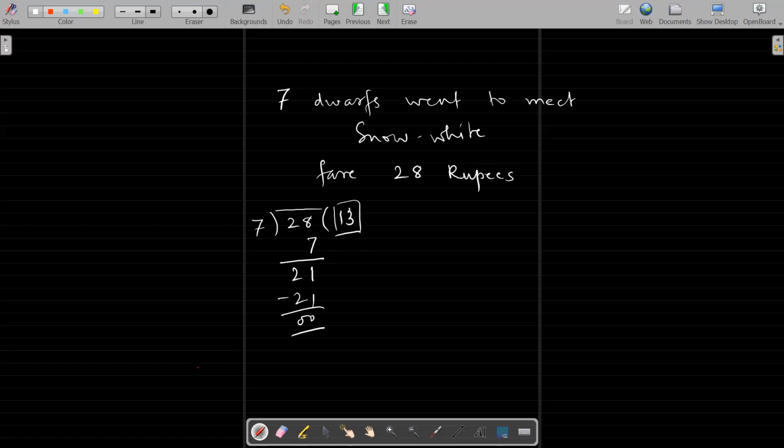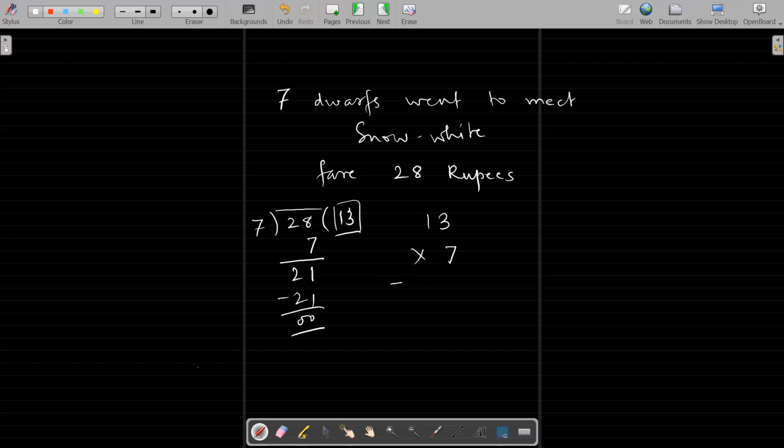Then one of the dwarfs doubted this. He said, let's verify whether this is correct or not. Verification is done by multiplication. Share for each person is 13, and we are 7. So multiply 13 by 7 and check whether the answer is 28.